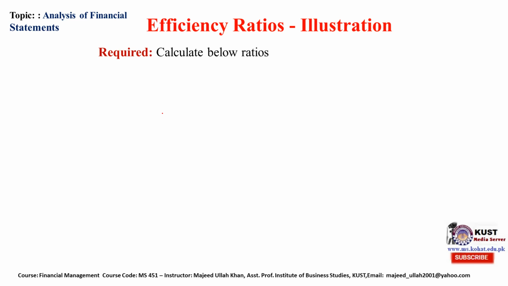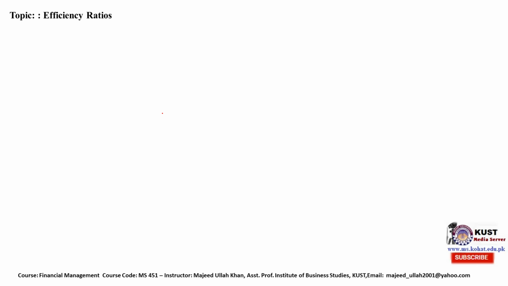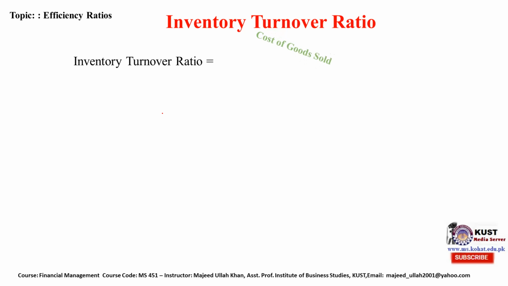Now the required efficiency ratios: inventory turnover ratio, account receivable turnover ratio, account payable turnover ratio, day sales in inventory, day sales outstanding, and account payable ratio in days. Inventory turnover ratio is cost of goods sold divided by average inventory.